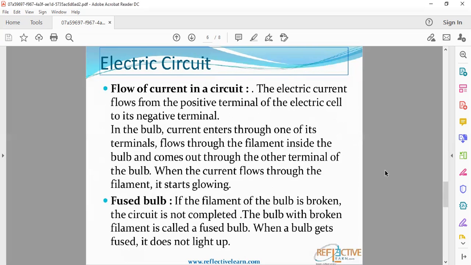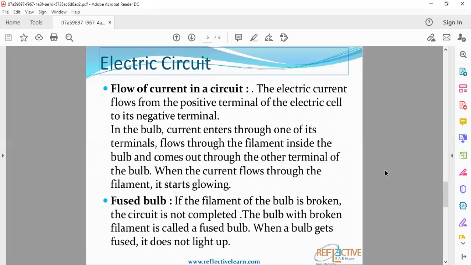A bulb may be fused due to many reasons. If the bulb is not working, the bulb is fused. One reason can be that the filament has broken, or that the path of the current between the terminals of the electric cell is not complete, or the bulb is fused, and as we know, a fused bulb does not glow.